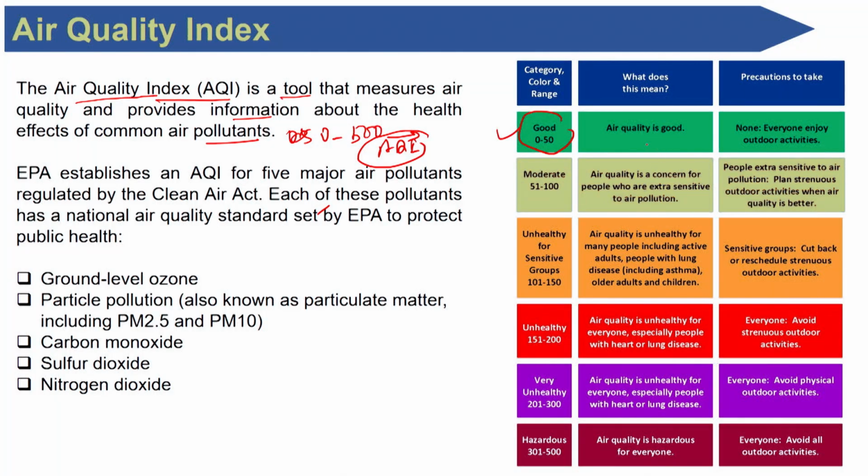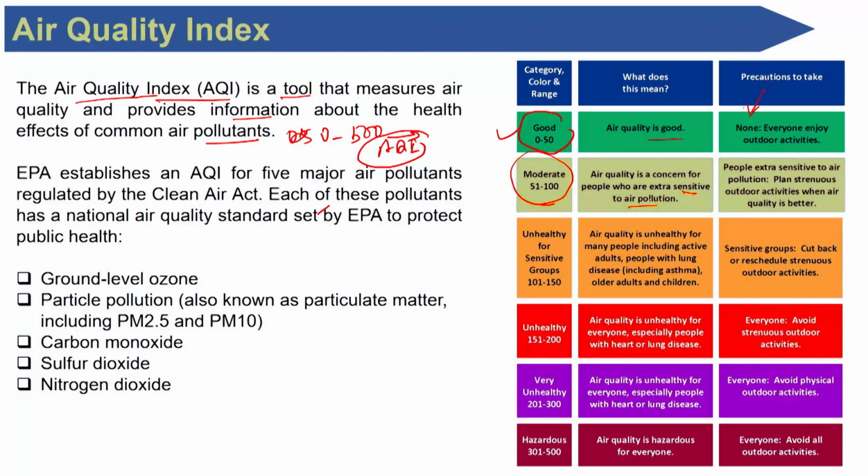The interpretation is that air quality is good, and there are no precautions to take. You can go out and enjoy outdoor activities anywhere if the air quality index is less than 50. If it is 51 to 100, then it is moderate, a kind of yellow flag. Air quality is a concern for people who are extra sensitive to air pollution.